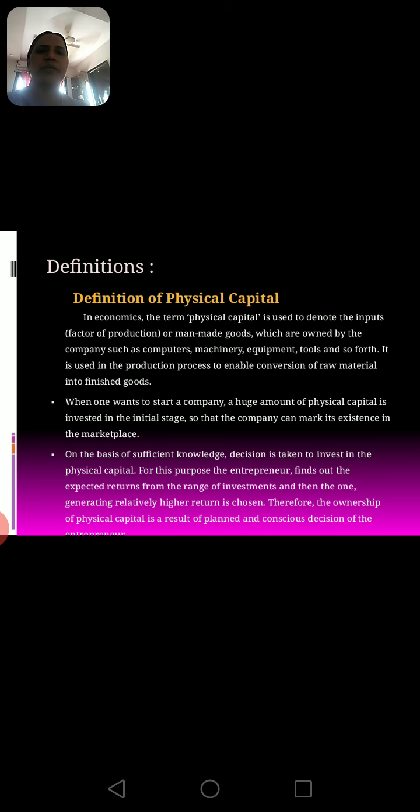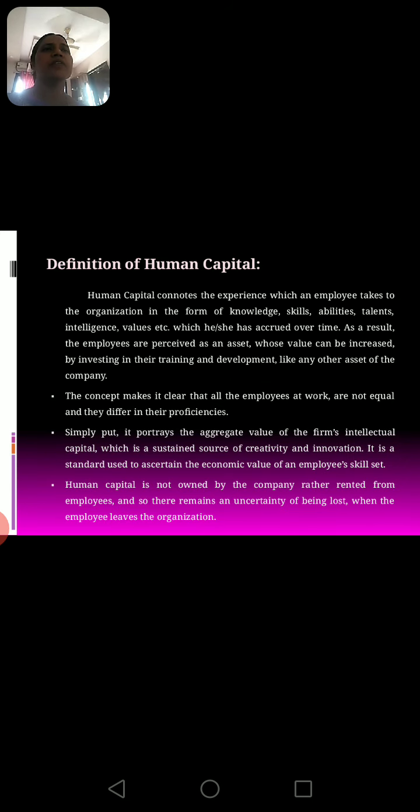The definition of human capital: human capital connotes the experience which an employee brings to the organization in the form of knowledge, skills, abilities, talents, intellectual intelligence, values, etc., which she has acquired over time.